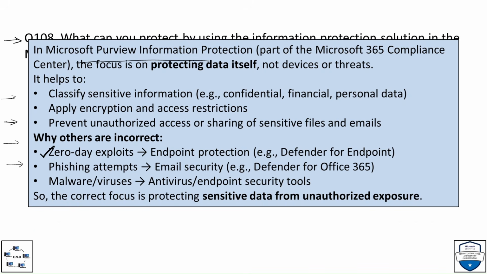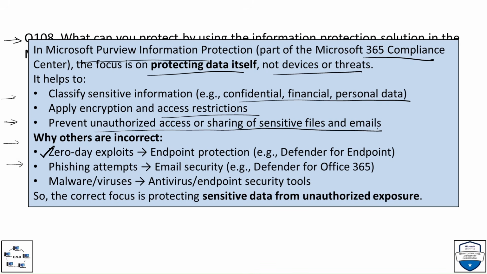In Microsoft Purview Information Protection, part of the Microsoft 365 Compliance Center, the focus is on protecting data itself, not devices or threats. It helps to classify sensitive information, that is confidential, financial, and personal data, apply encryption and access restrictions, and prevent unauthorized access or sharing of sensitive files and emails. So why are the other options incorrect?